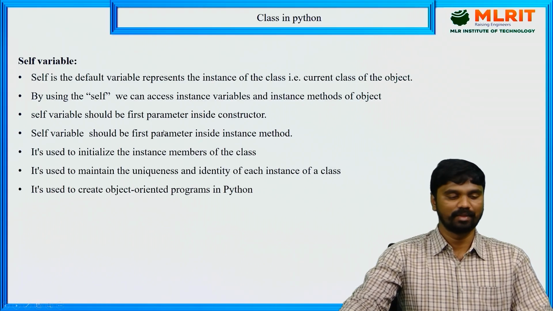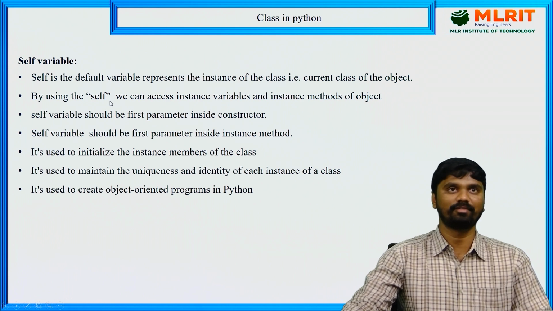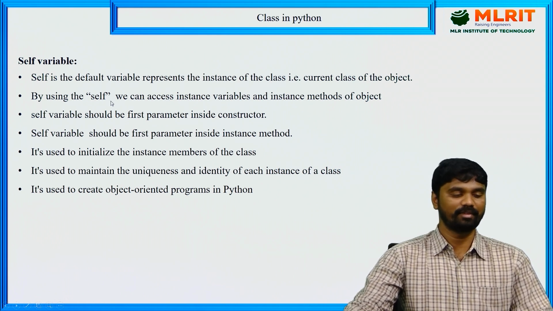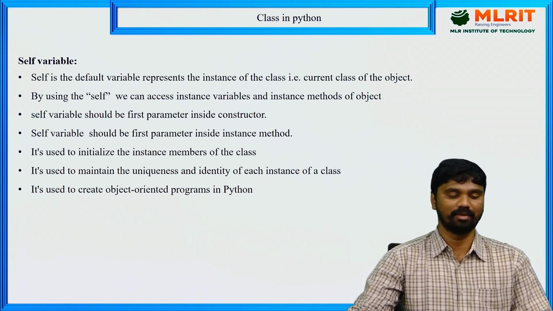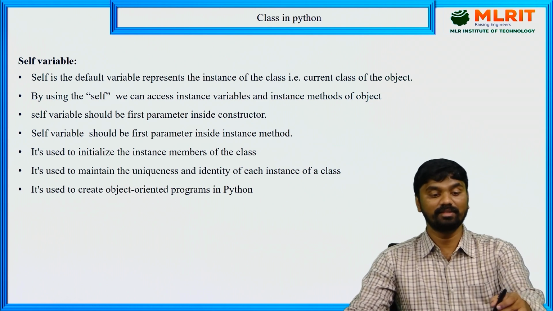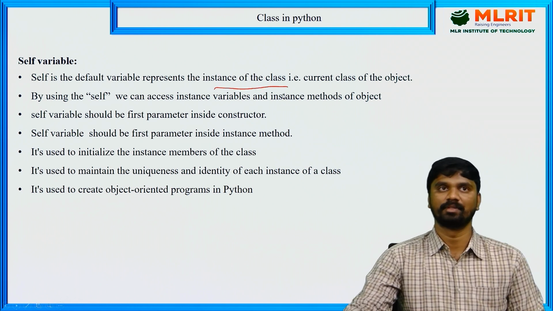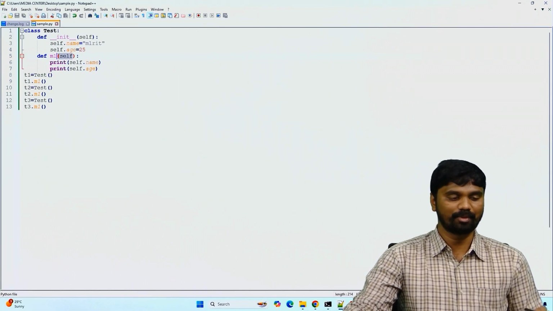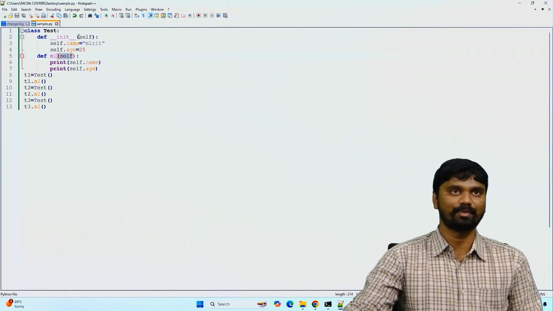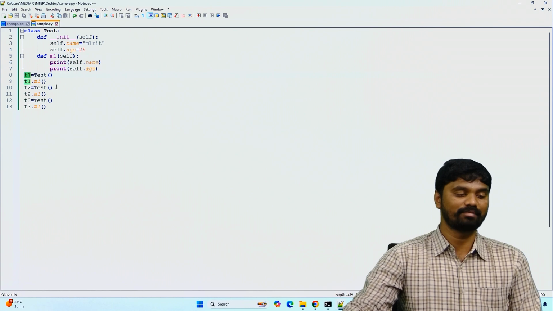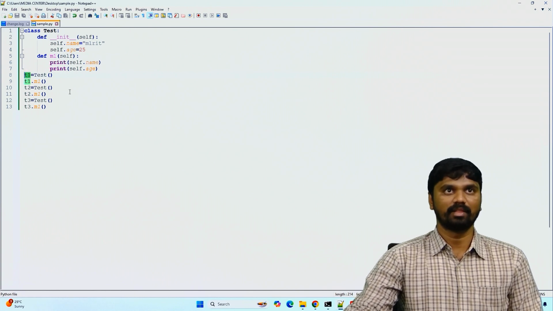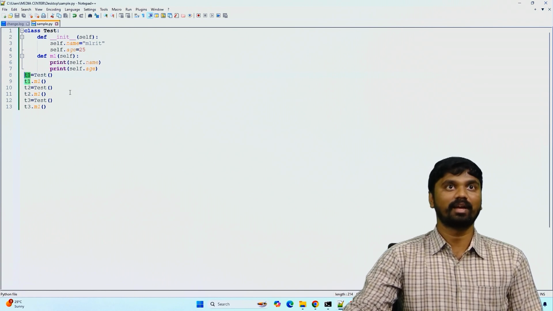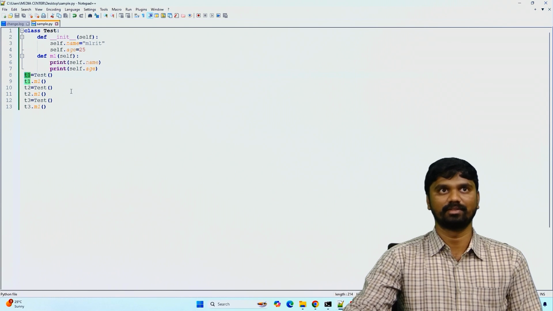Self is the default variable, and it represents the instance of the class. Here in the program, self represents the current class object.